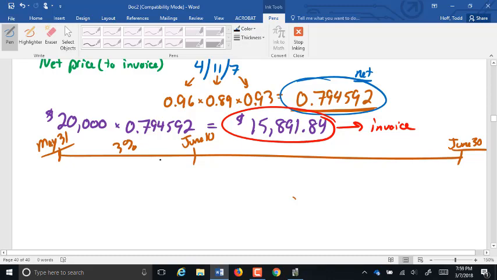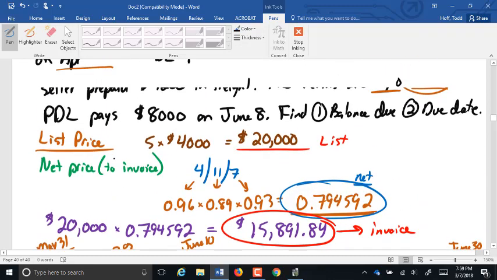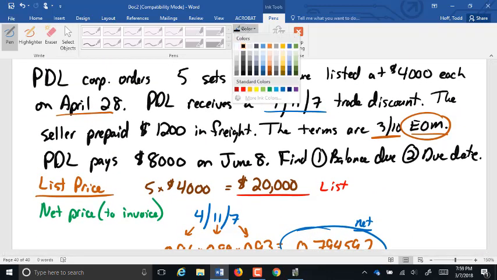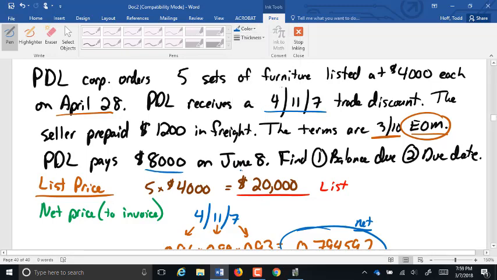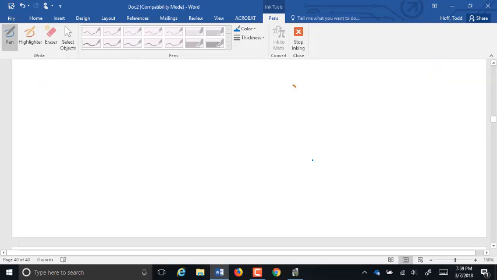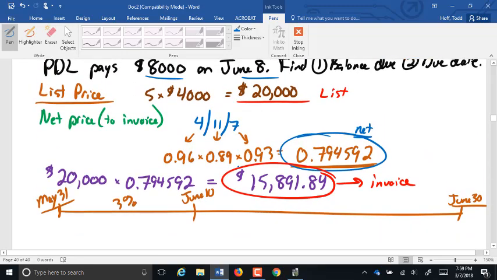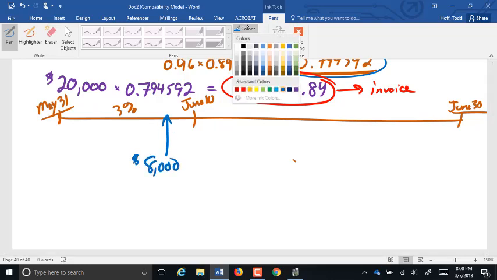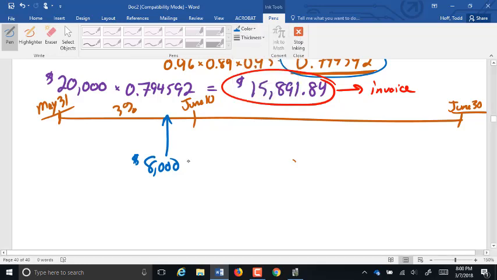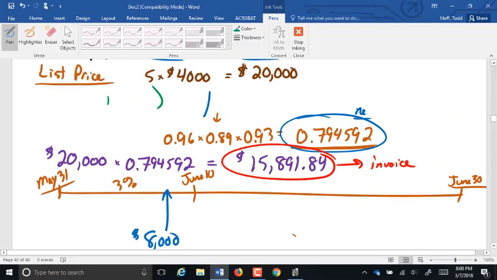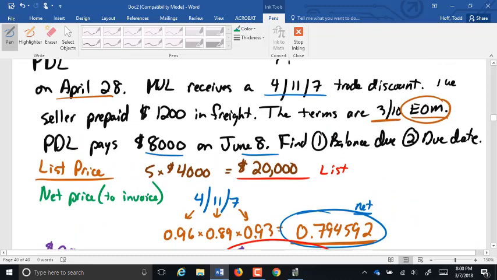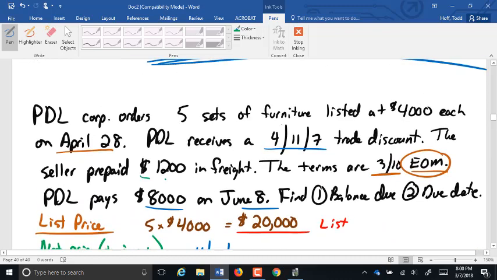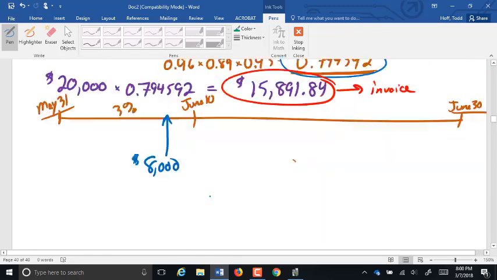So now we have the partial payment of how much and when? $8,000 on June 8th. So on our timeline here, this is June 8th, $8,000. What do we have to do to that first? Subtract the prepaid freight of $1,200.